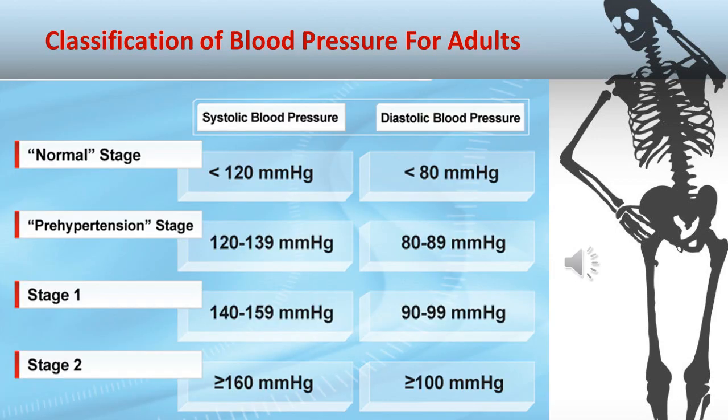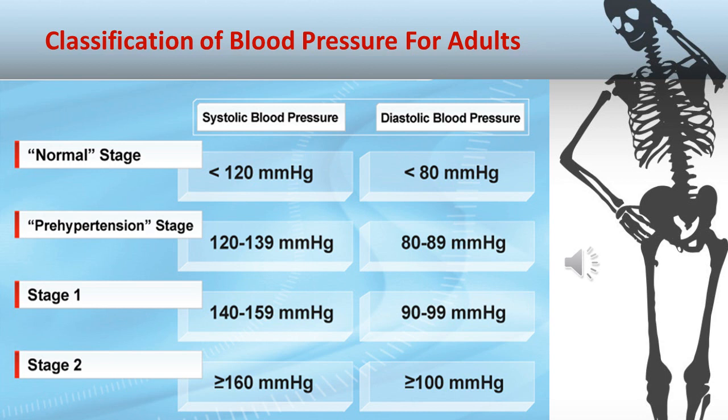As you can see in this table, there is a critical stage of blood pressure between normal blood pressure and the hypertension stage, known as the pre-hypertension stage.